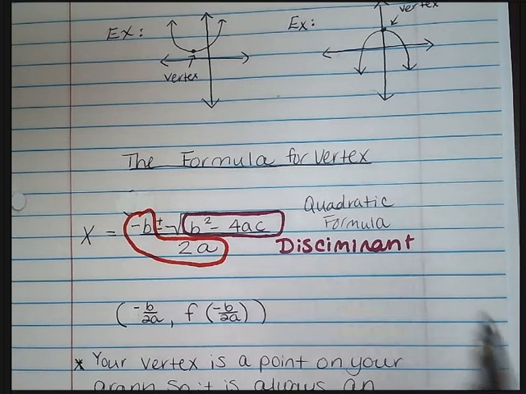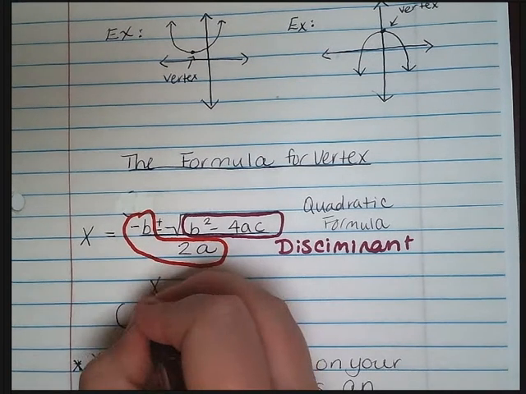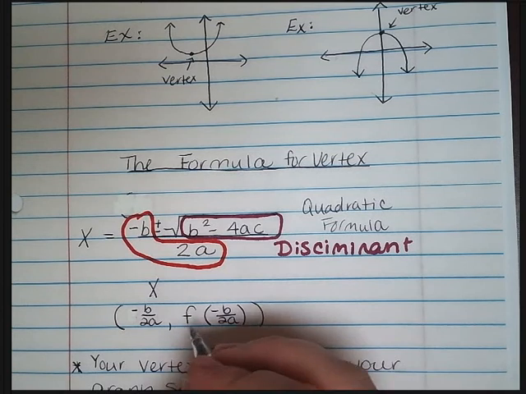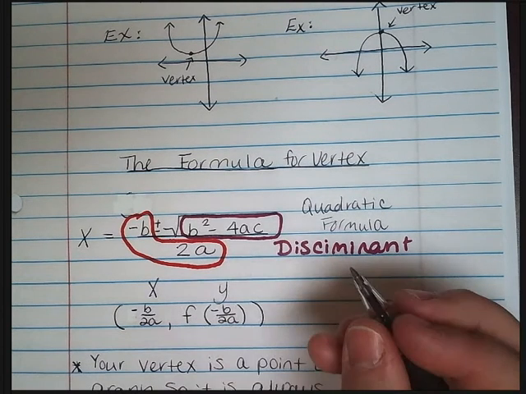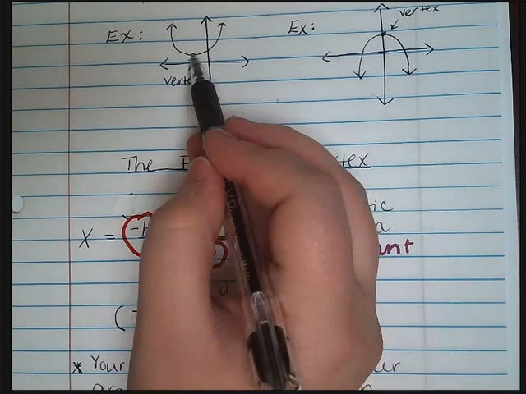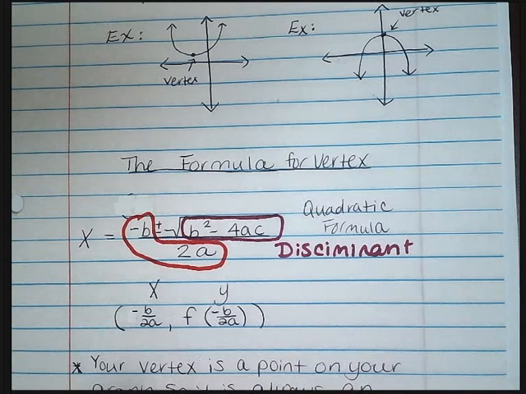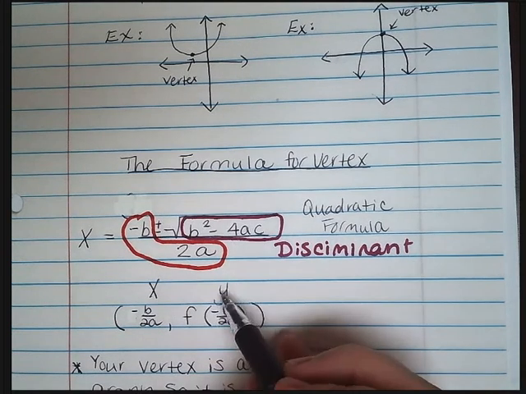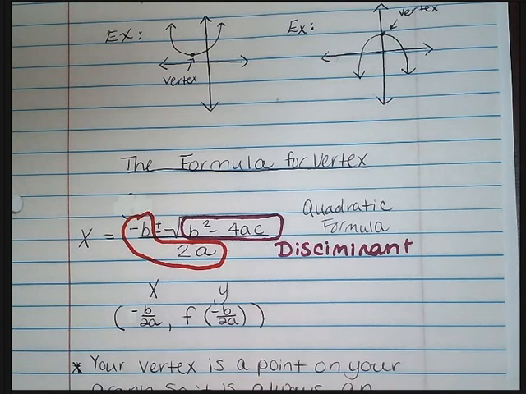So negative b over 2a is going to be how you find the x value of your vertex. And then, in order to find the y value, because it's a point on a graph, that means it's going to be an ordered pair, meaning you have an x value and a y value. So to find that y value, we're going to take the number we found for our x and plug it back into our original equation.